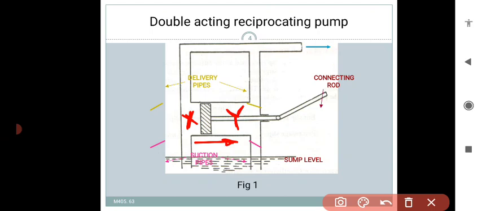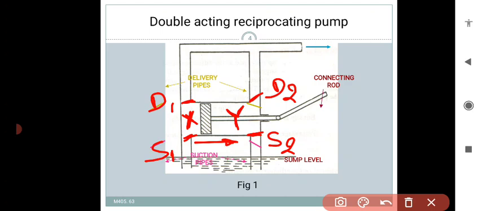Therefore the liquid enters the left portion through suction pipe 1. Here is suction pipe 1, and suction pipe 2 is closed, delivery 1 pipe is also closed, and only the delivery 2 pipe is open.